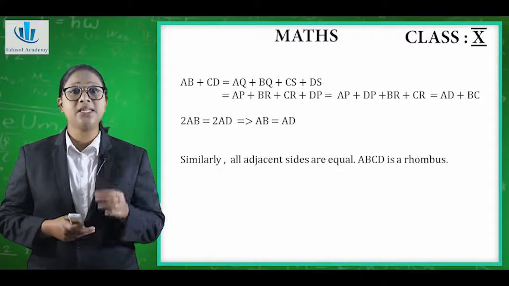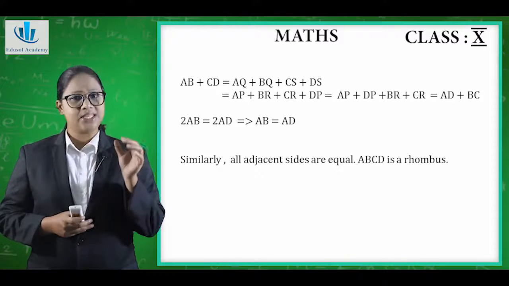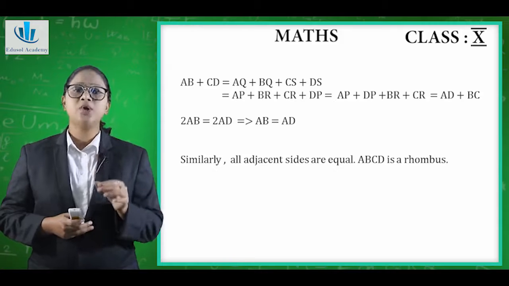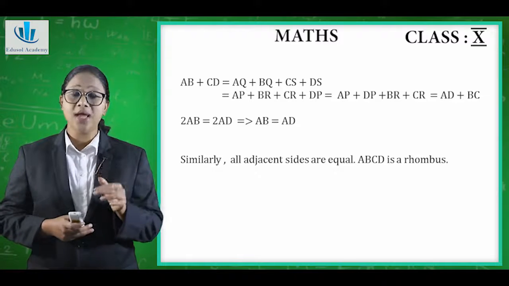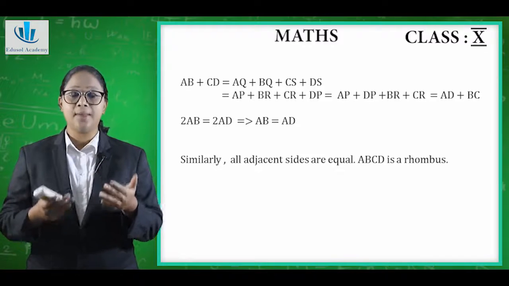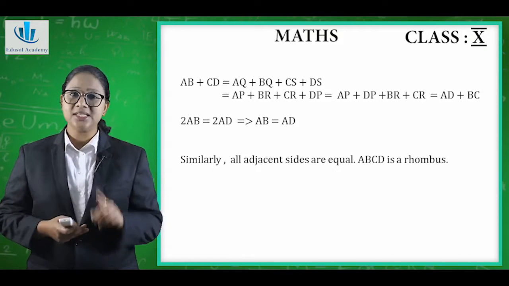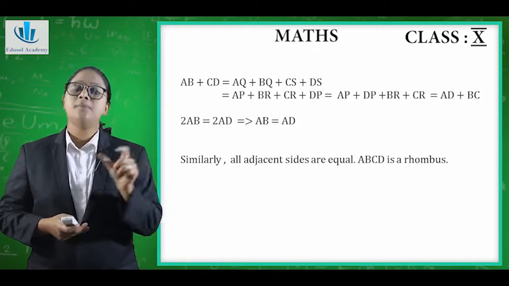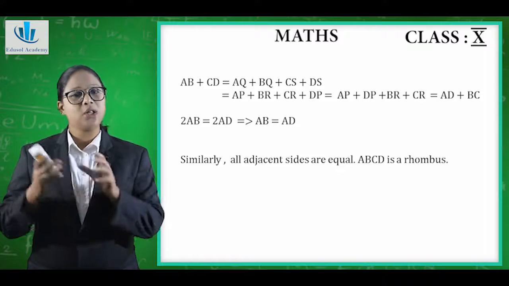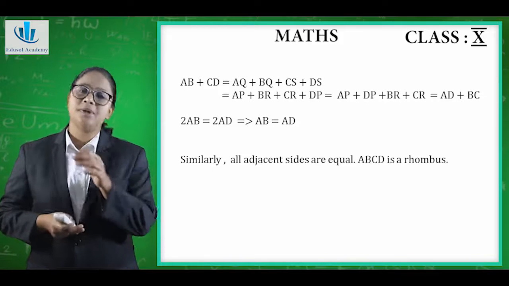Now because ABCD is a parallelogram, instead of writing AB plus CD, we can write AB plus AB. Why? Opposite sides are equal, so AB will be equal to CD. Similarly, on the other side, we can write AD plus AD.